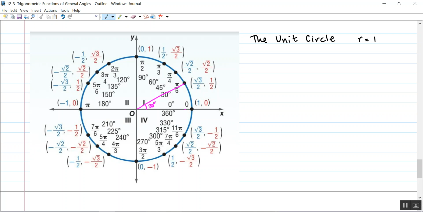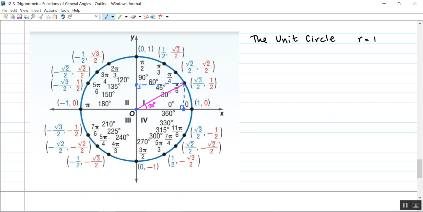Okay, now if I were to drop this down to the x-axis and actually draw this over perpendicular to the y-axis, this distance right here from the center to this point right here is actually square root of 3 over 2 units. That's where we get this x value from. This distance right here is square root of 3 over 2, and this distance right here on the y-axis is 1/2 of a unit. So that's how we get that point right there.